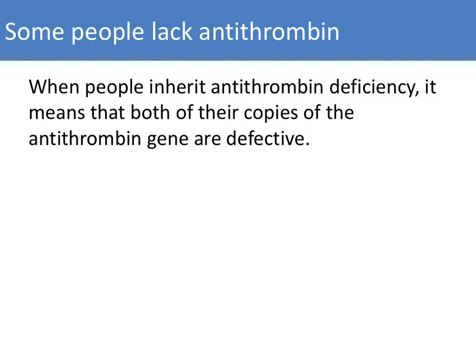So there are some people who got a mutation. You can see how this would be a problem. They might make clots that would travel in the lungs into the brain and kill them.